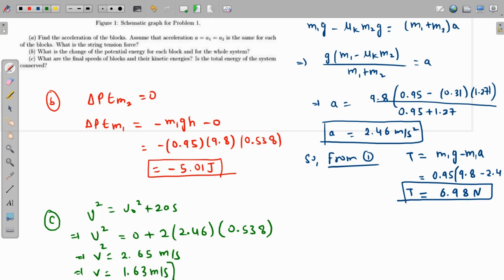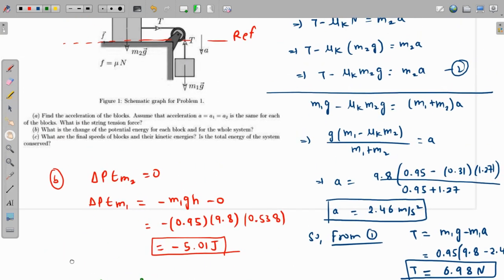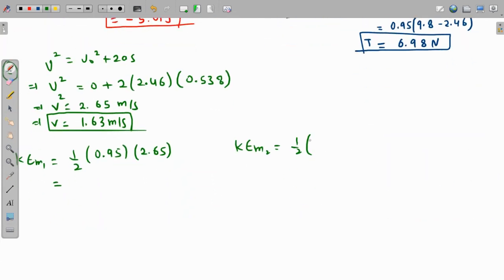So the value of v from here comes out as 1.63 meters per second. And as far as the kinetic energy is concerned, we have to take the mass into account. So kinetic energy of m1 is half m, which is 0.95, times v squared, which is 2.65, and the kinetic energy of m2 is going to be half m, which is 1.27, times v squared, which is 2.65 once again.